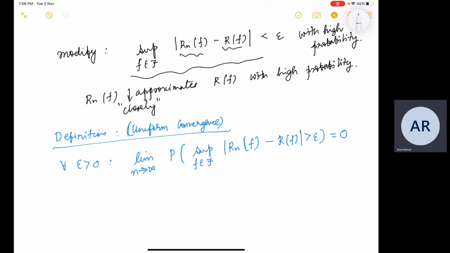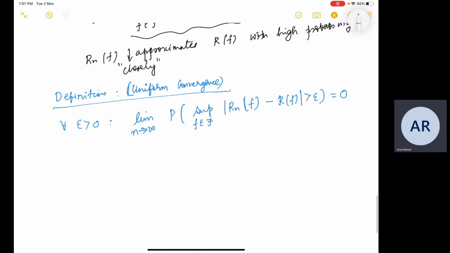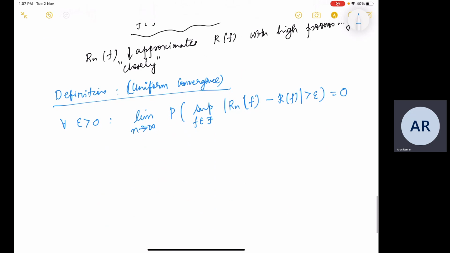This is the definition of uniform convergence. So the convergence happens uniformly on all functions in the function class. I think you should have gotten an intuition of how all these things came about.